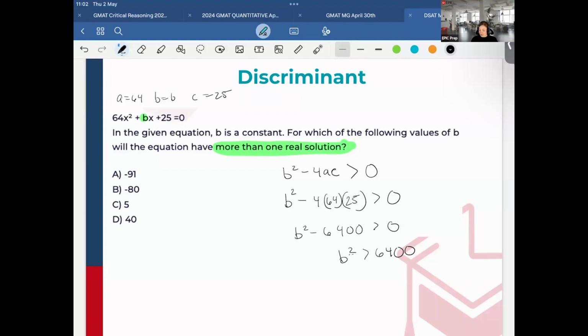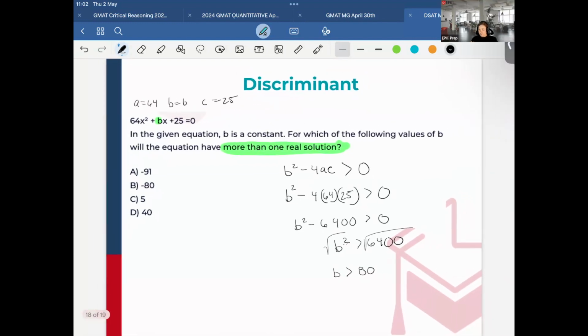In this case, since it's greater than, I'll take the square root. There's one case where b is greater than 80. That's possible. And taking the absolute value would also be b, I flip the sign and negate it, is less than negative 80. Why? Because negative 80 squared will also produce a positive result.